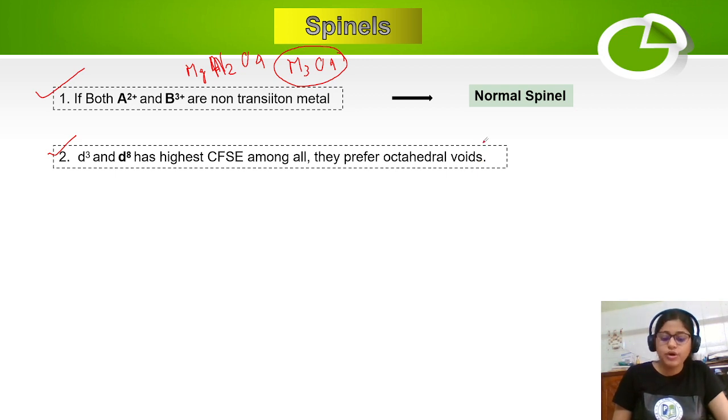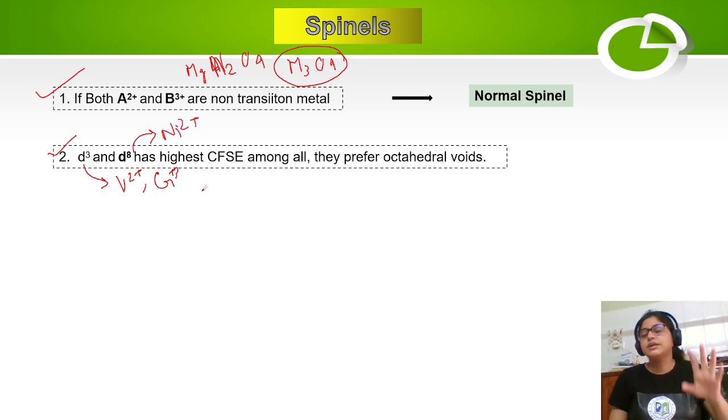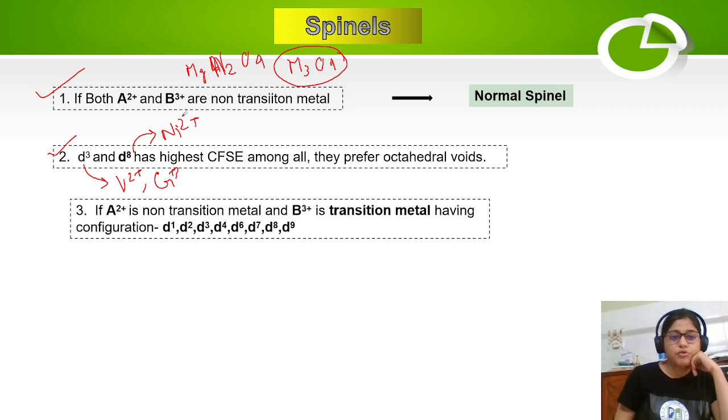So to avoid more time consumption, when we see that a d3 system is there, like vanadium 2+ or chromium 3+, and d8 is nickel 2+, right, when these kinds of systems are present, you have to consider that they will go inside the octahedral void. Fine. The third one is if A2+ is a non-transition metal and B3+ is a transition metal having configuration d1, 2, 3, 4, not 5, 6, 7, 8, 9, not 10, because d5 and d10 give you CFSE 0.